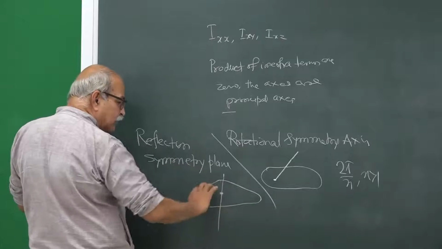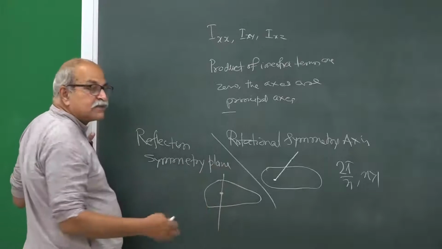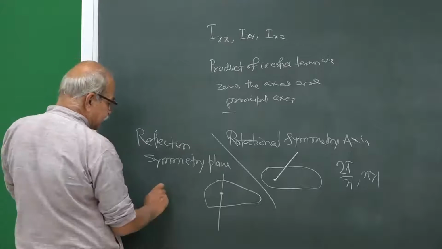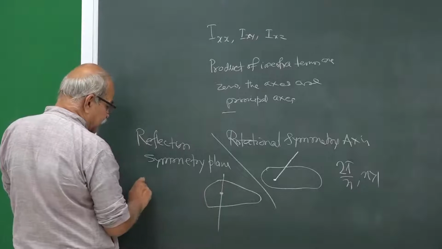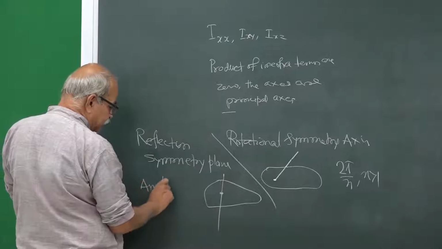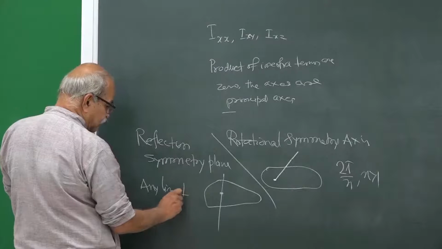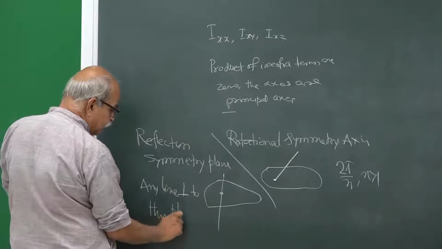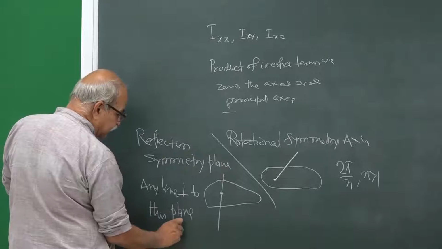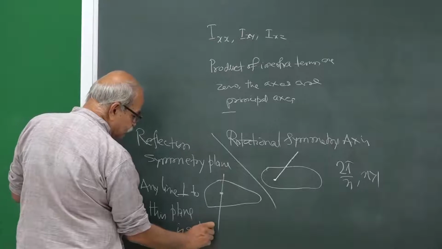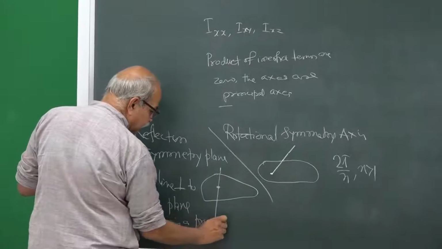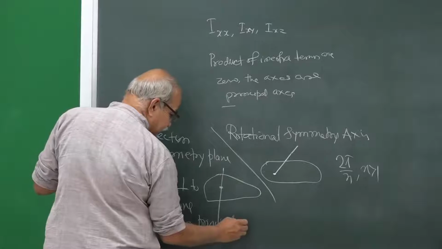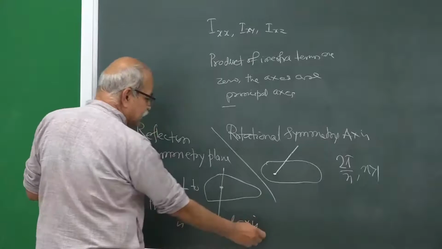If you reflect the whole rigid body in this, the mass distribution does not change, and then you say that okay, any line perpendicular to this plane is a principal direction or principal axis, can be taken as principal axis.